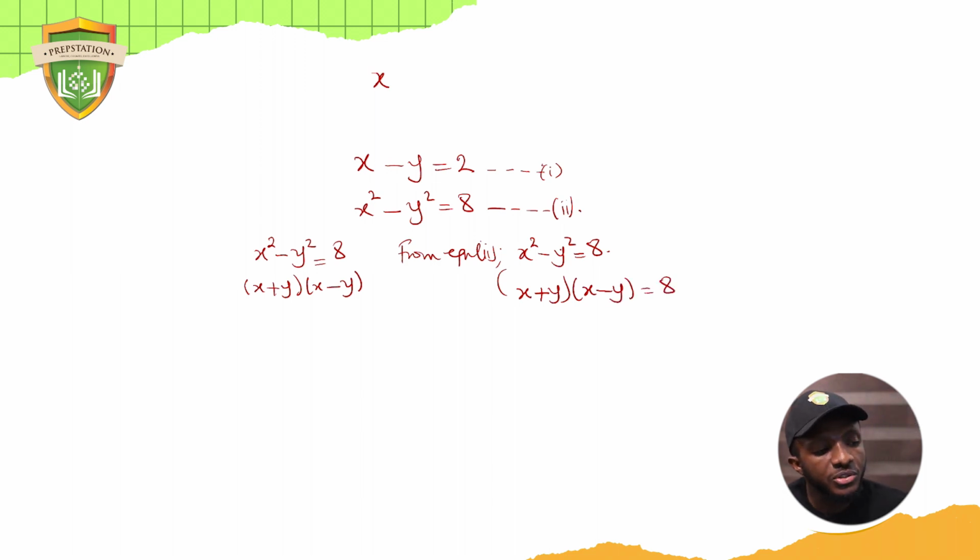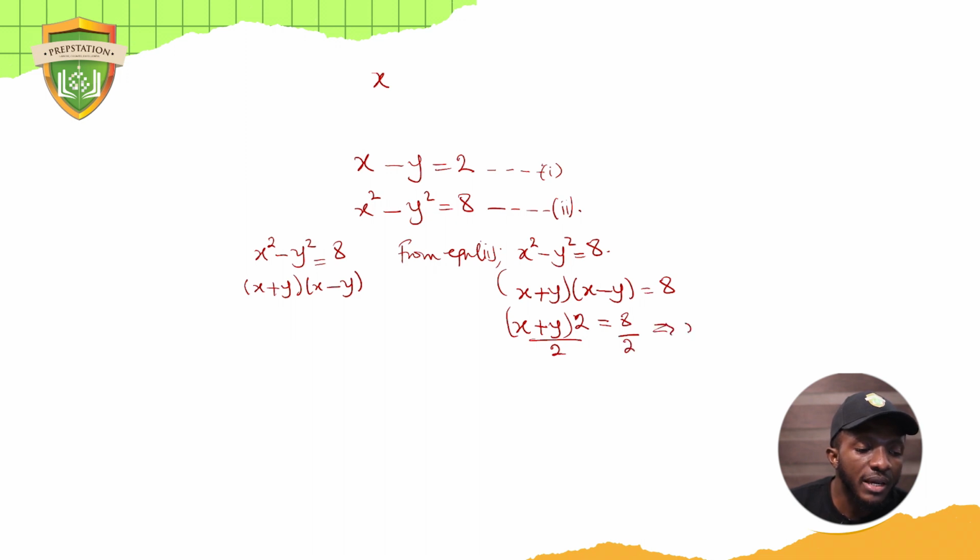But equation 1 tells us that x minus y is 2. So if x minus y is 2, what it means therefore is that x plus y times 2, can you see this, equals 8. So if we divide both sides by 2, it's going to leave us with x plus y equals 4.